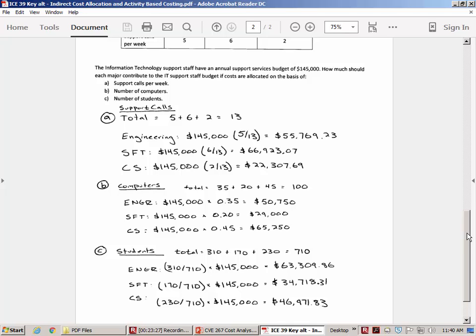If you're the engineering department, then what do you want? You'd say, let's see, which one is the lowest for engineering? Seems like the number of computers is going to have to mean that I pay the least, right? So probably the engineering chair is going to the meeting saying, I really think that it makes the most sense, it's the most fair if we do it on the basis of the number of computers, probably, right?